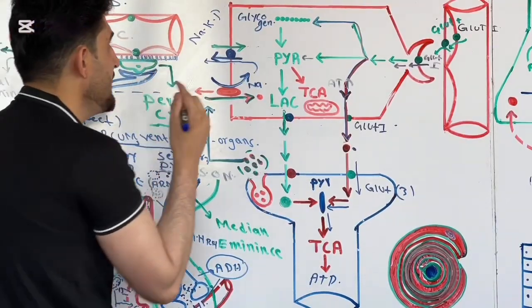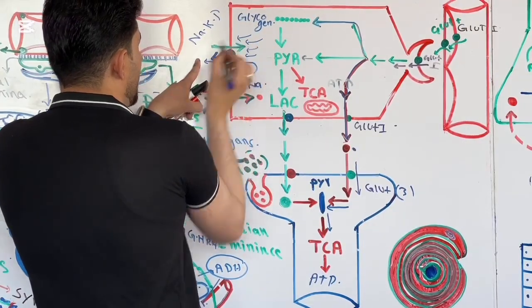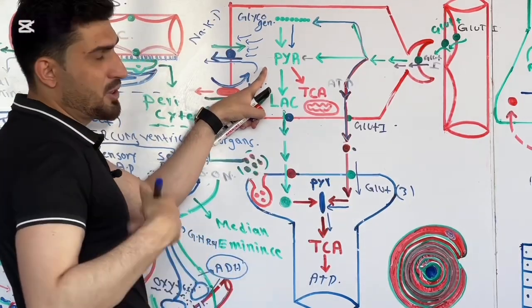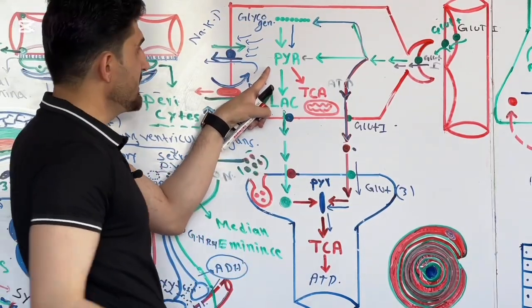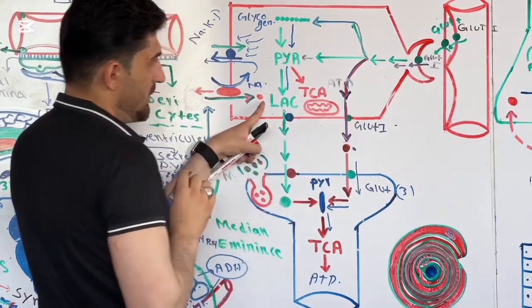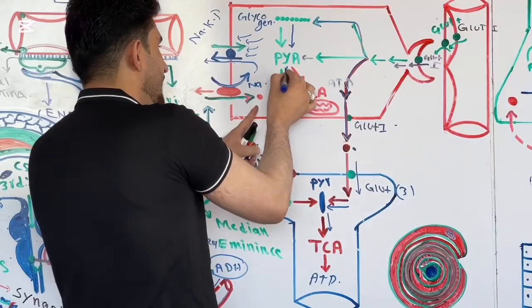Because a lot of energy is needed for this sodium potassium pump, glycogen will be converted to pyruvate through glycogenolysis, and then this pyruvate does not go to the TCA cycle, but is converted to lactate.